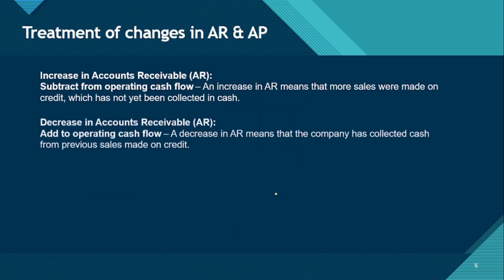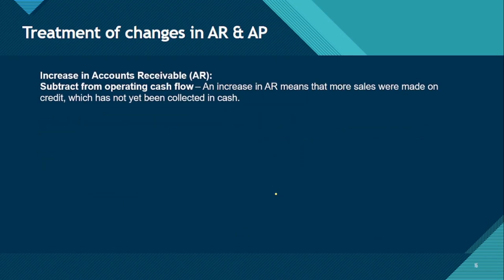Here we discuss how we have to treat changes in account receivable and account payable in the statement of cash flow. If there is an increase in account receivable, meaning the sales we made which are not collected, that means cash not collected. So when preparing the cash flow statement through the indirect method, we have to deduct the increase in account receivable from the net income to calculate the operating cash flow.